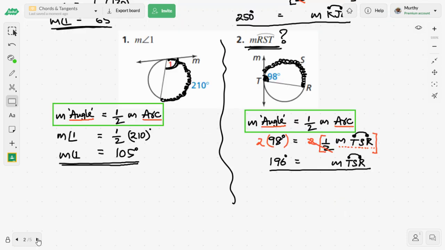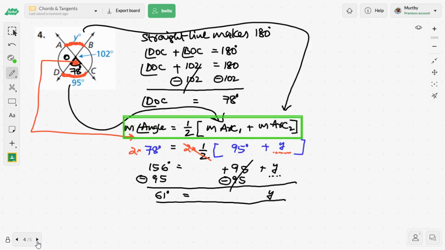The first theorem also says, please look at this one, that the measure of angle equals half the measure of arc. And here, the measure of angle equals half of arc 1 plus arc 2. That's the difference.